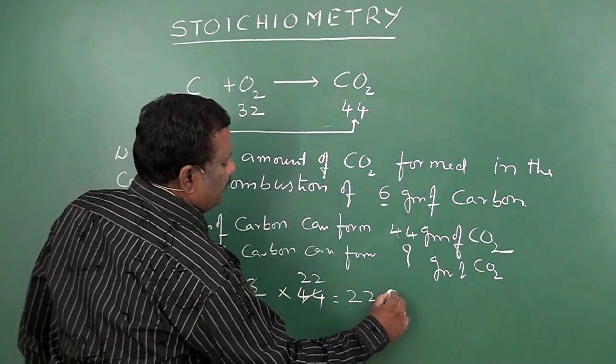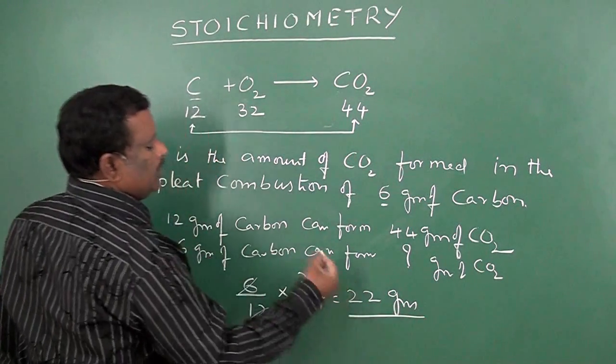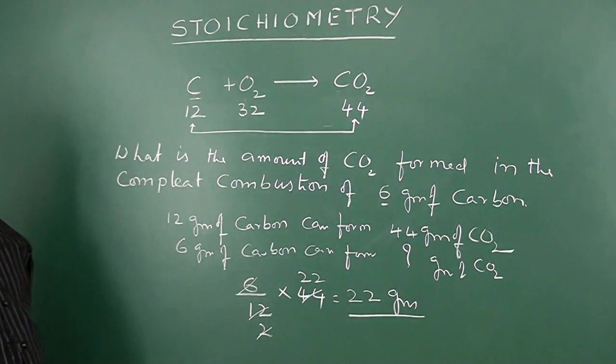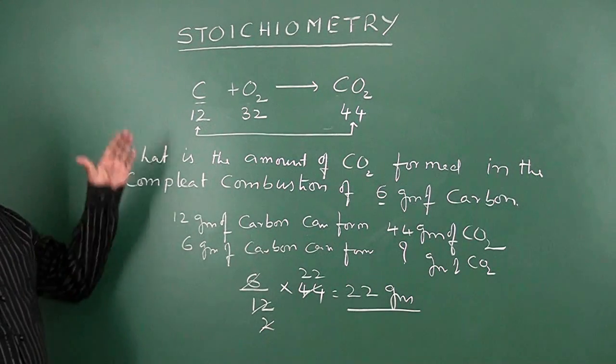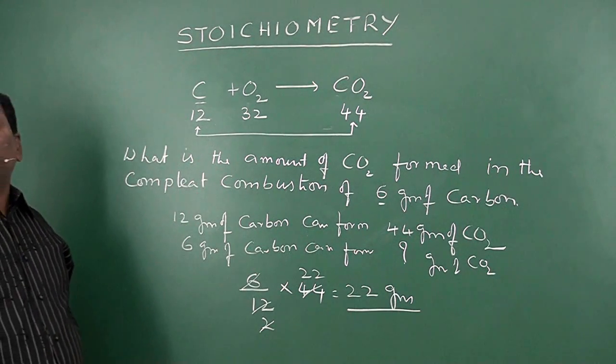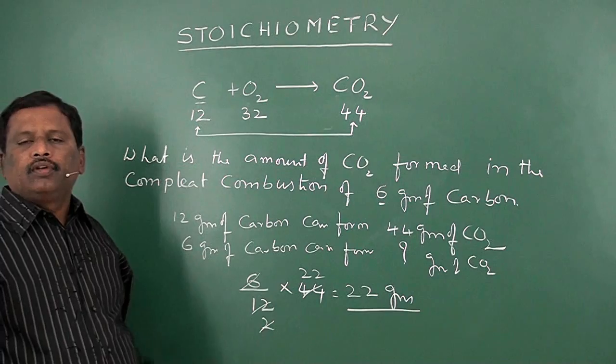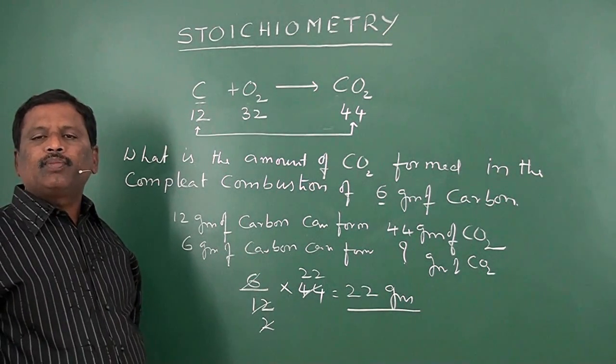So in the combustion of 6 grams of carbon, 22 grams of CO2 is formed. So these are the stages that are involved in doing such types of problems.